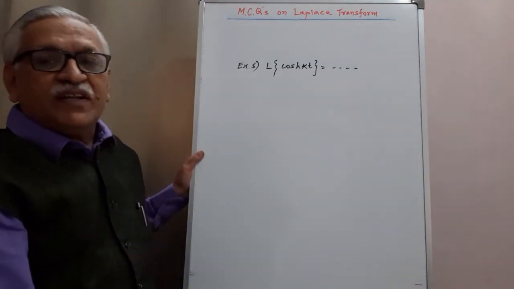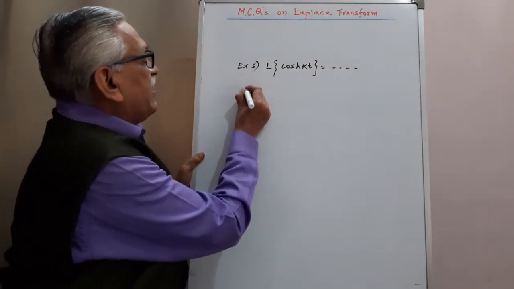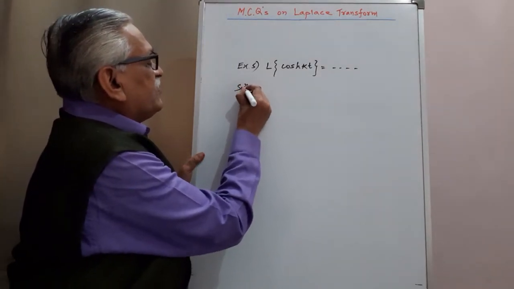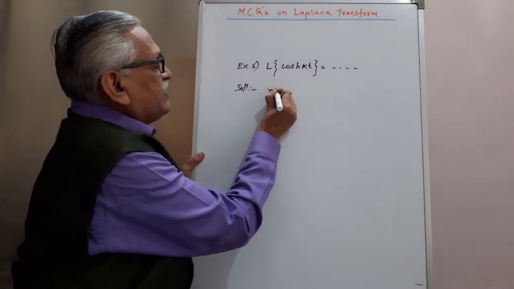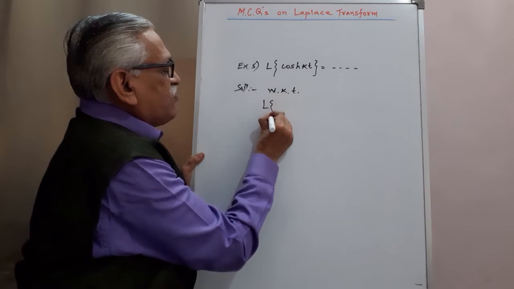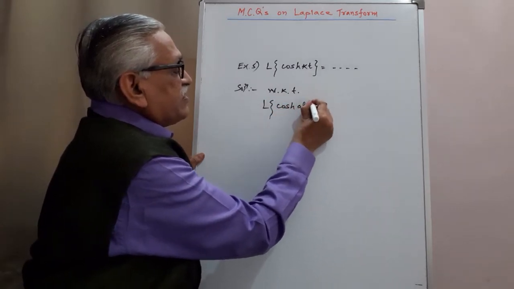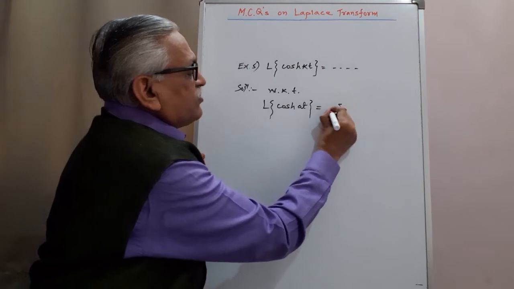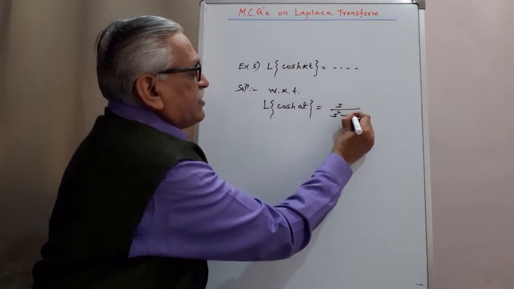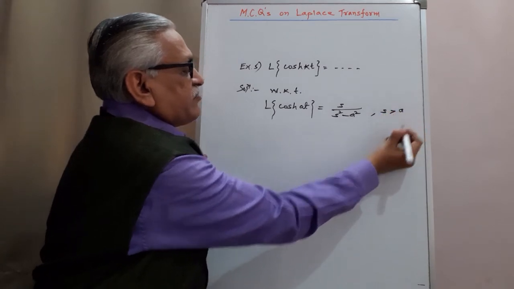Fifth example, find Laplace transform of cos hyperbolic of kt. And to find the correct option, we take the help of the result. We know that Laplace transform of cos h at is s upon s square minus a square, provided s greater than a.